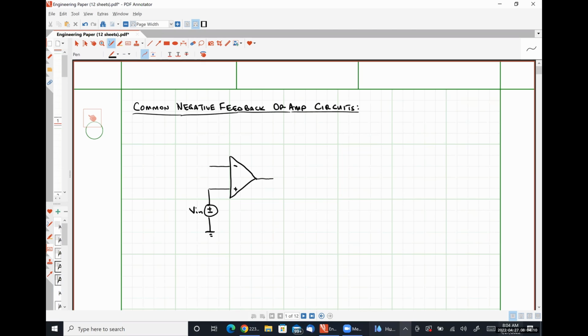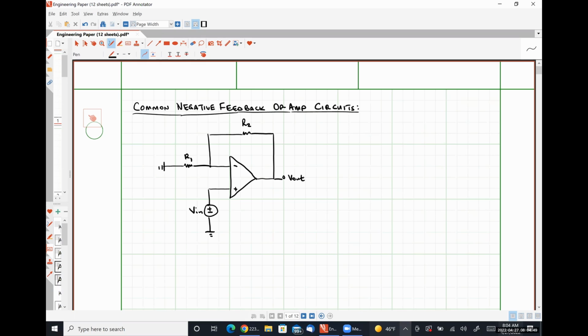We are going to have a feedback resistor, which I'm generically going to call R2, connecting our inverting input to our output terminal. We're going to have a resistor here called R1 that's placed between the inverting input terminal and ground. And we are going to measure our output voltage at the output pin of the OpAmp.